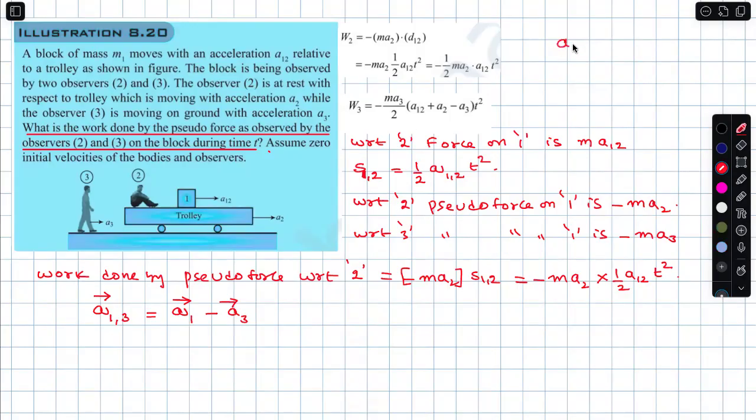The acceleration of 1 with respect to 2 is acceleration of 1 minus acceleration of 2. So the acceleration of 1 can be written as acceleration of 1 with respect to 2 plus acceleration of 2. Now I'm going to use the same. This is nothing but the acceleration of 1 with respect to 2 plus acceleration of 2 minus acceleration of 3.